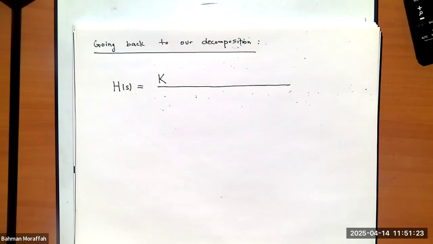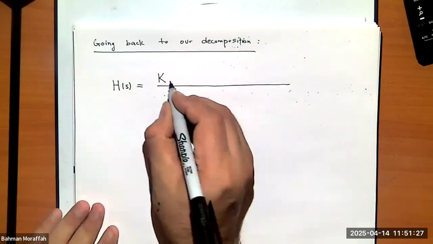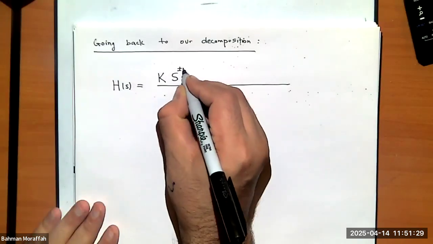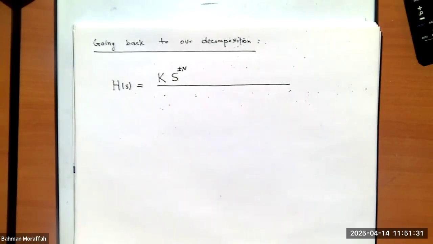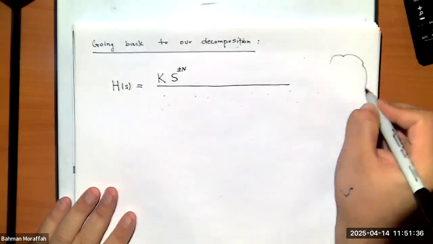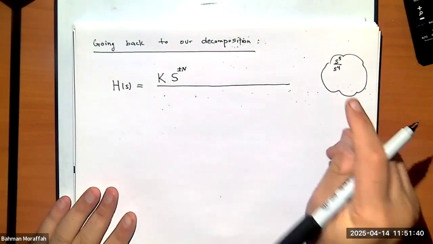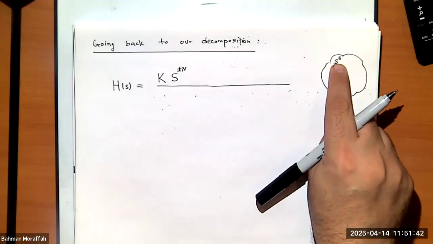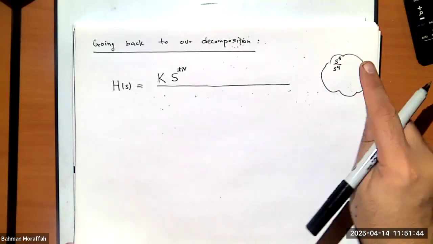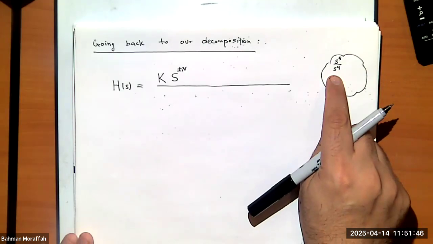I can combine these two things and write it as s to the power of plus or minus n. For instance, if I have s^5 over s^4, I have a zero at 0 of order 5, and I have a pole at 0 of order 4.